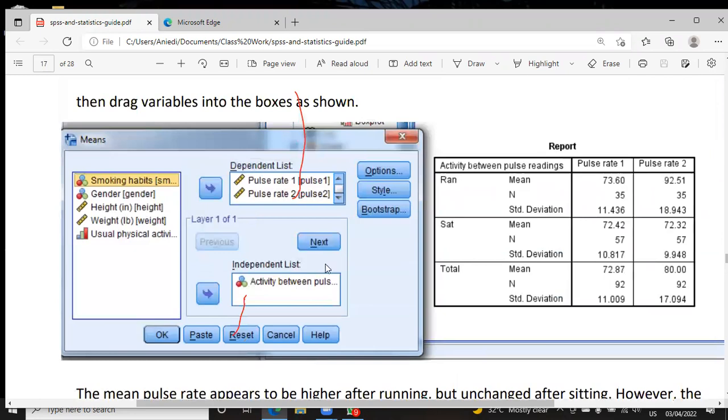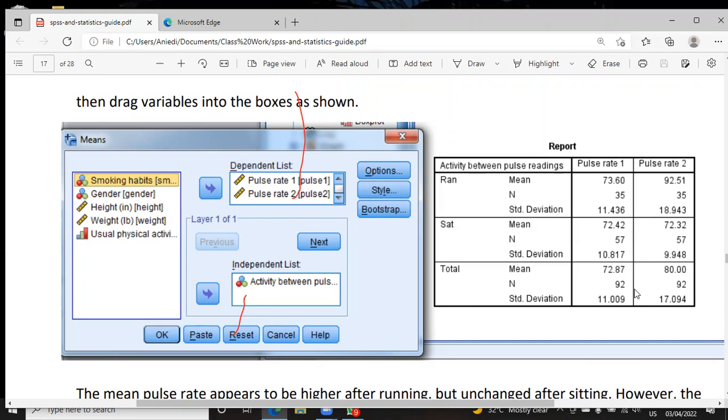And when they presented this summary of the report, talking about the mean, the number of respondents, and the standard deviation, I was saying this is a paired t-test that is going to be applied next.